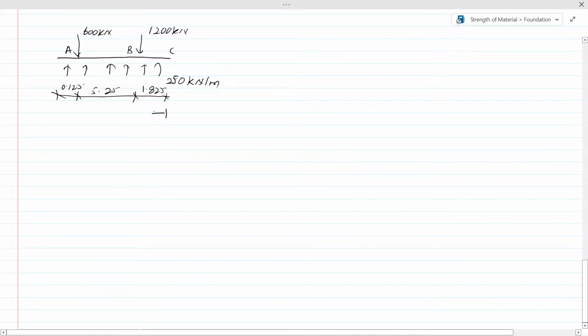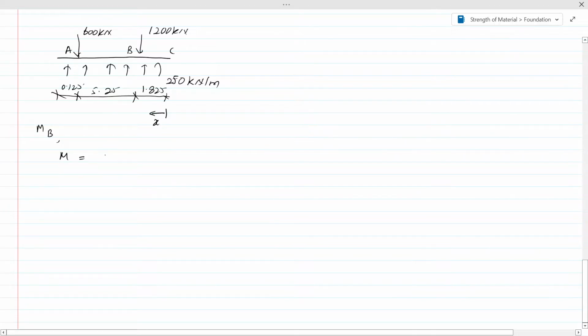Let's consider distance x from here. So first we calculate the maximum bending moment at point B, MB. It's simple. Now we know the procedure.